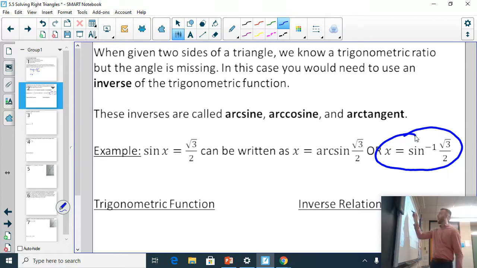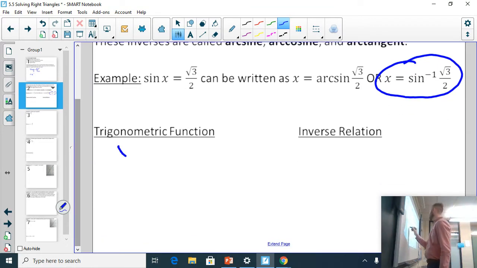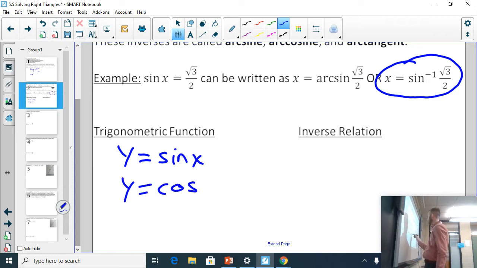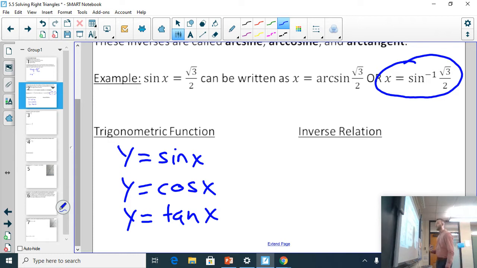And if we have y equals sine of x, y equals cosine of x, and y equals tangent of x, then our inverse relations would simply be, if we take sine inverse of both sides, then we're going to get rid of the sine here, and it's essentially just going to be x equals the sine inverse of y.